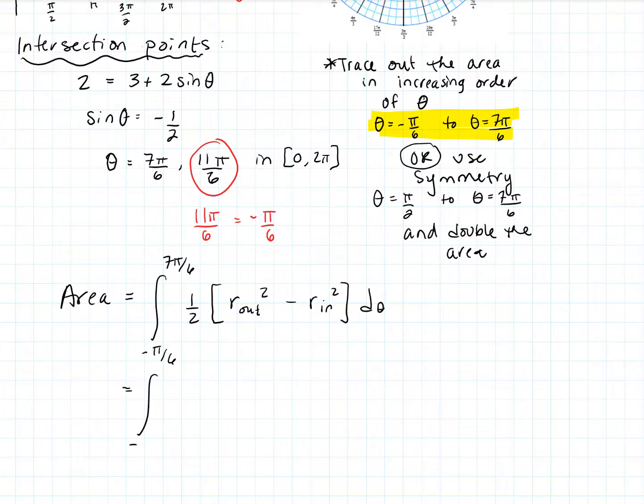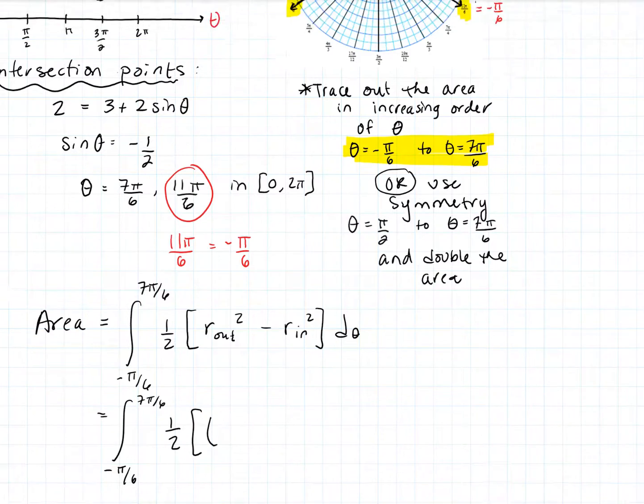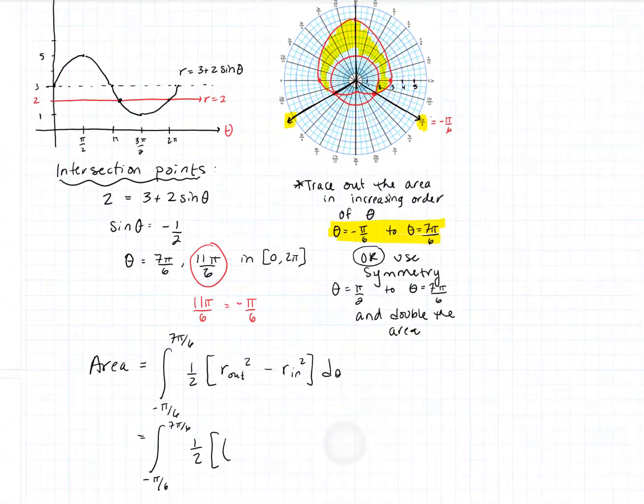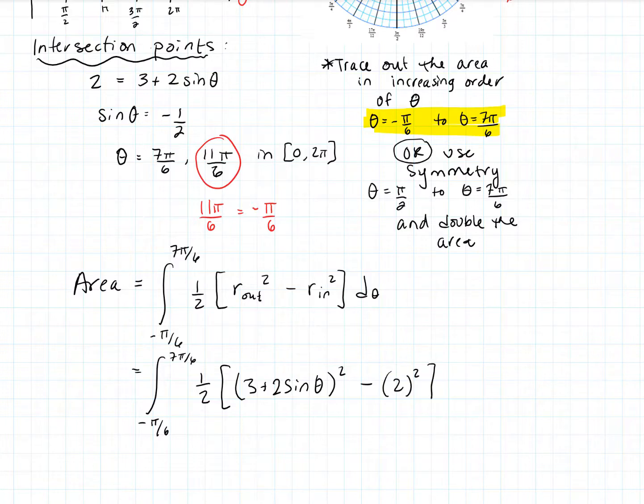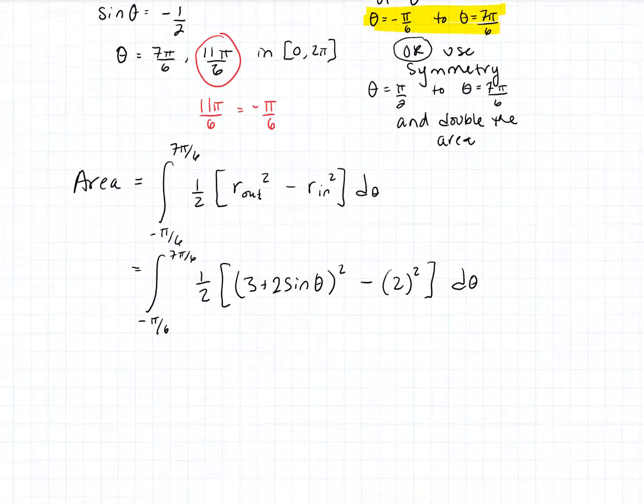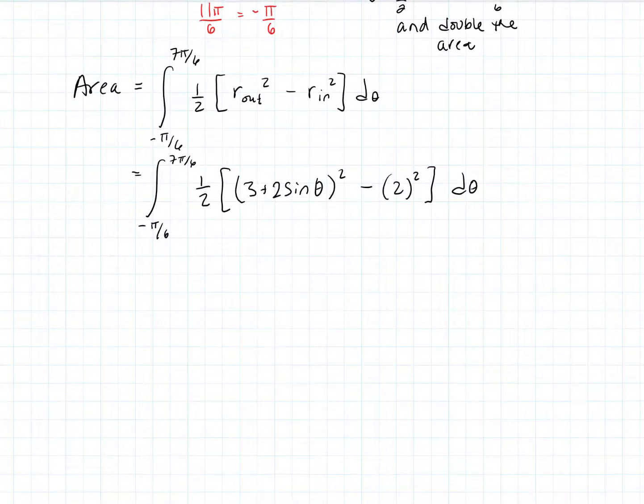And our outer curve here was the cardioid, the 3 plus 2 sine of theta, squared minus 2 squared d theta.